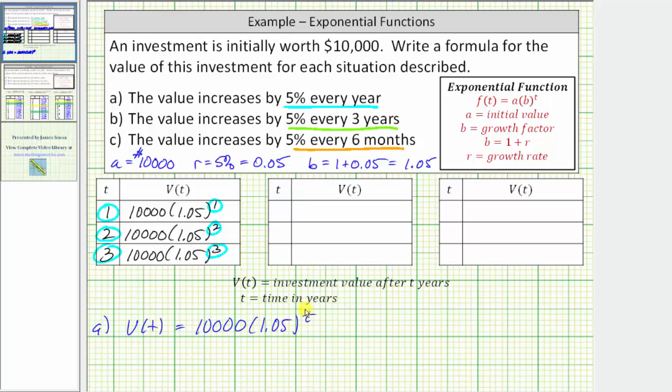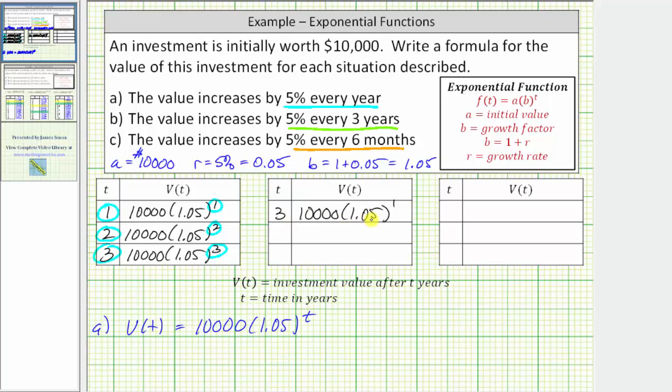And now let's focus on B when the value increases by 5% every 3 years. In this situation, it takes 3 years for the value to increase by 5% one time, which means when t is 3, the value is equal to 10,000 times 1.05 raised to the first.